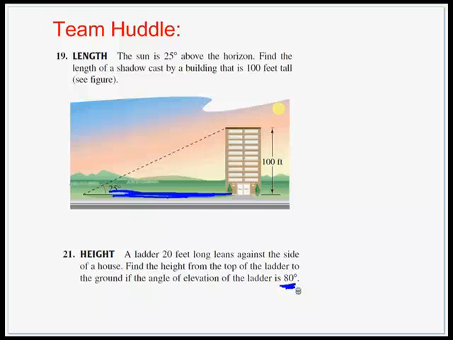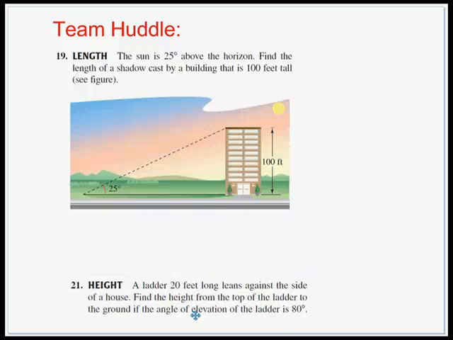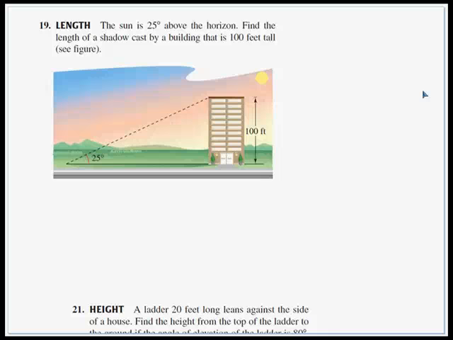So let's check out this first one. The sun is 25 degrees above the horizon. This is our 25-degree angle. Find the length of the shadow cast by a 100-foot building. So we're looking for this length. How long is that side? We know the height is 100. So we have our angle, we have the opposite side, and we want the adjacent side. Opposite and adjacent means it must be tangent.